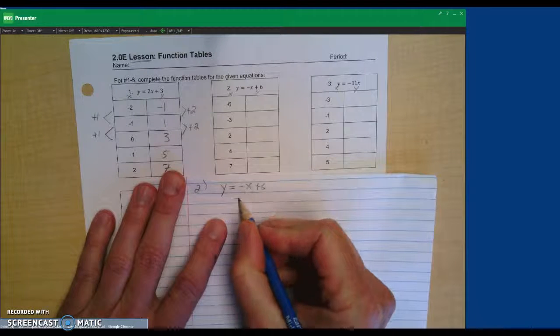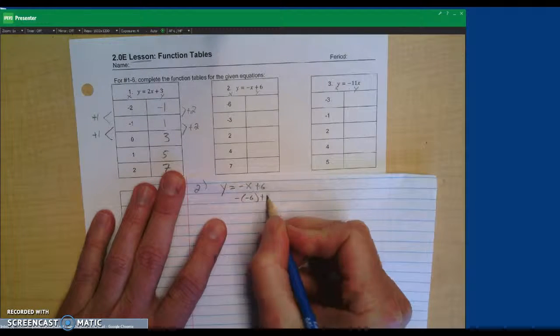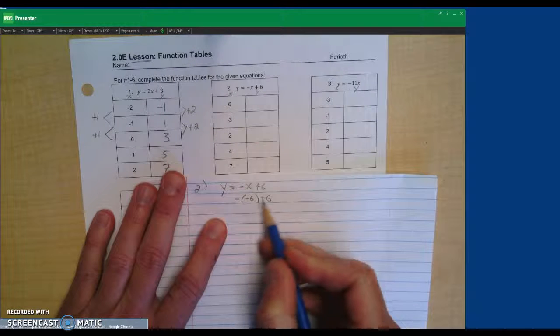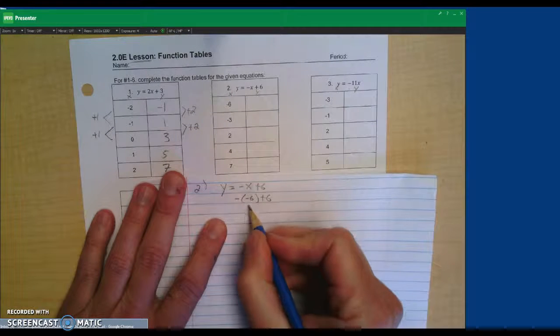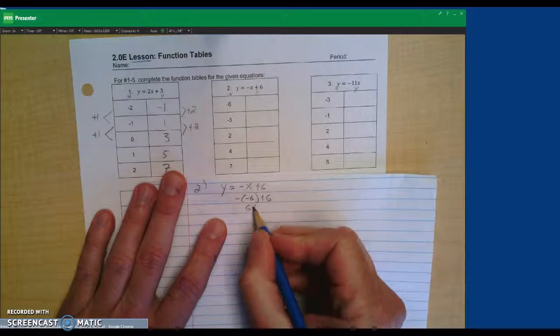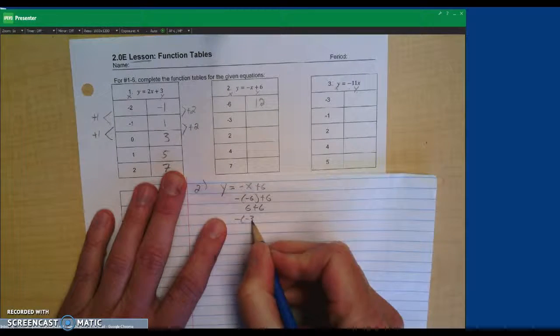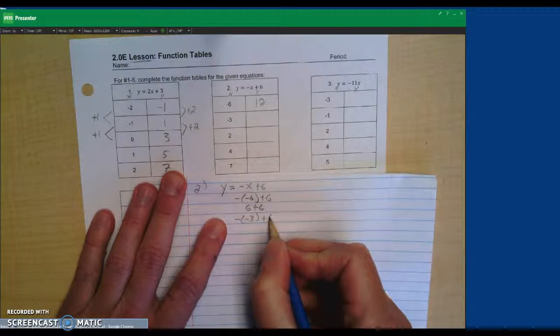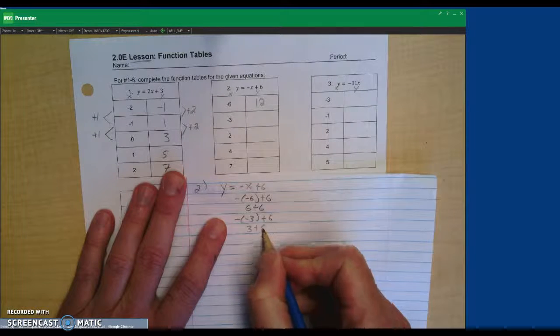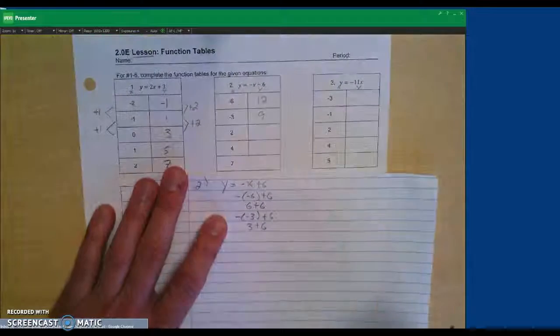So what's the opposite of negative 6, plus 6 more? Well, hopefully you remember that that's positive 6 plus 6 more is 12. What's the opposite of negative 3 plus 6 more? That's 3 plus 6 is 9.